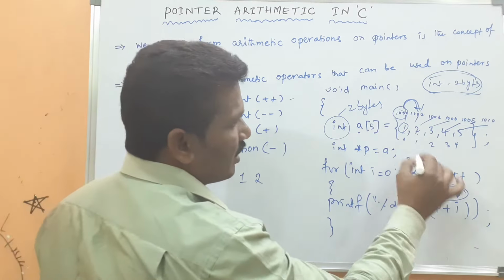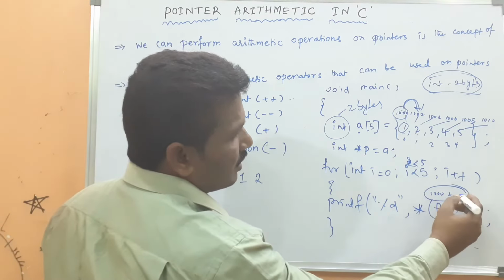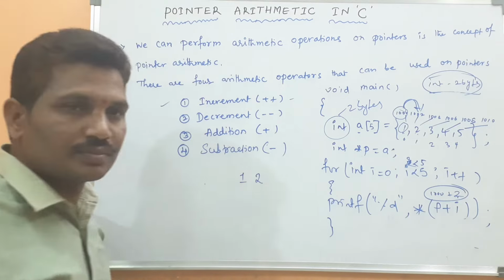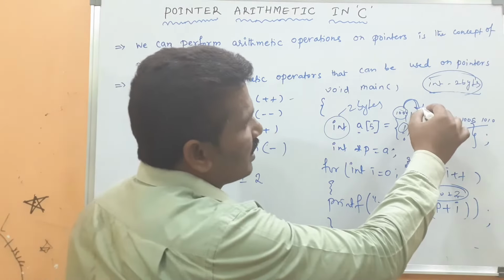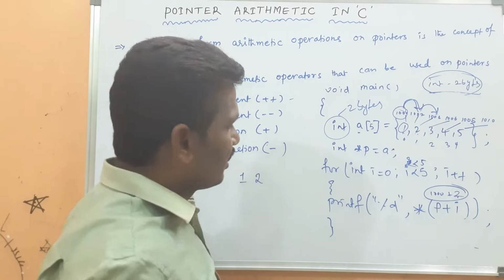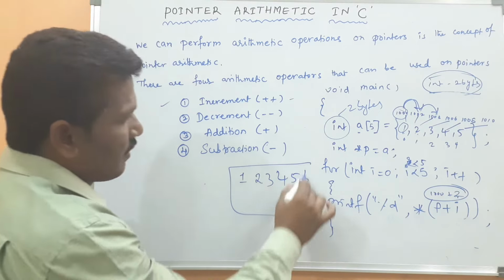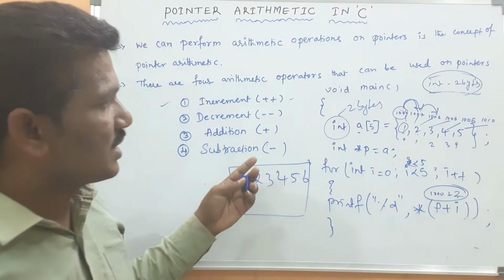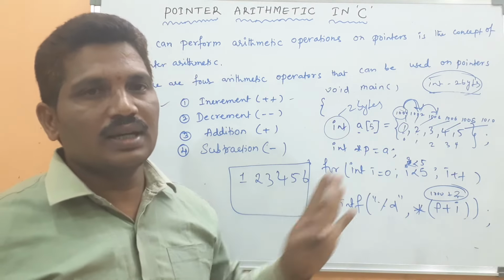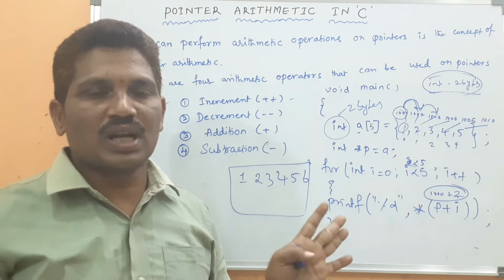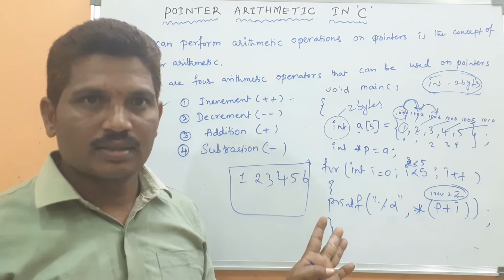Then i becomes 2, and 1000 plus 2 means 4 bytes will be added, moving to the next location. That's why 3, 4, 5. By using pointer arithmetic, we can traverse all the elements in the array. Got my point?